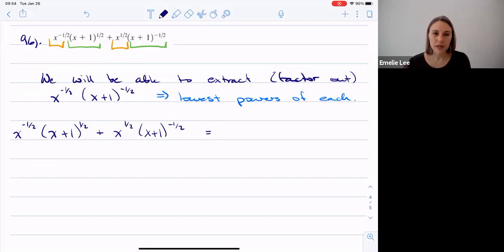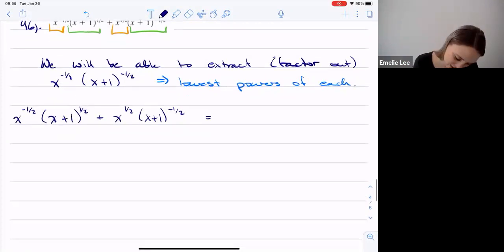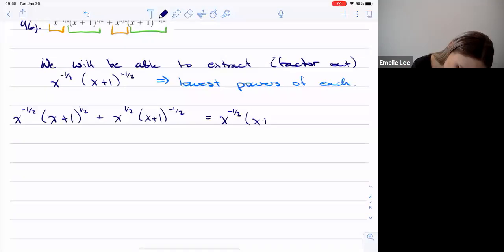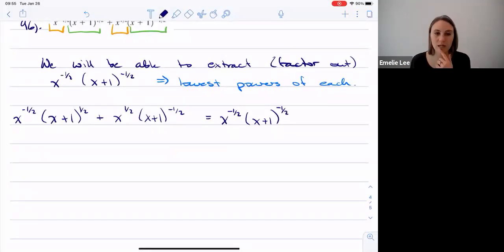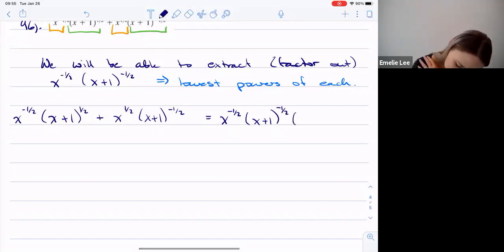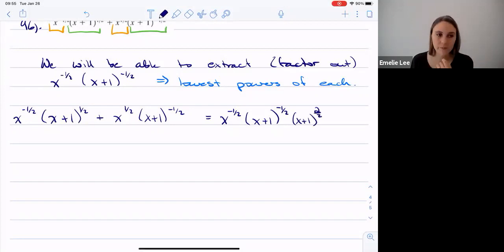So what I'm going to do now is just do the math as I would if you're solving this problem, right? So we've been kind of going off on different tangents here. So x to the -1/2 times x plus 1 to the -1/2, that's the one I need to extract, right? Times x plus 1 to the 2/2. Okay?